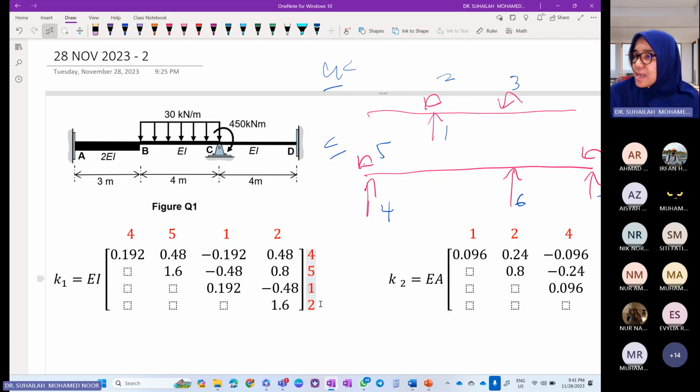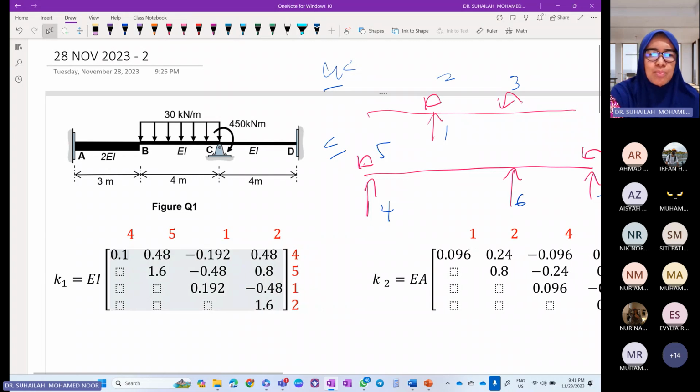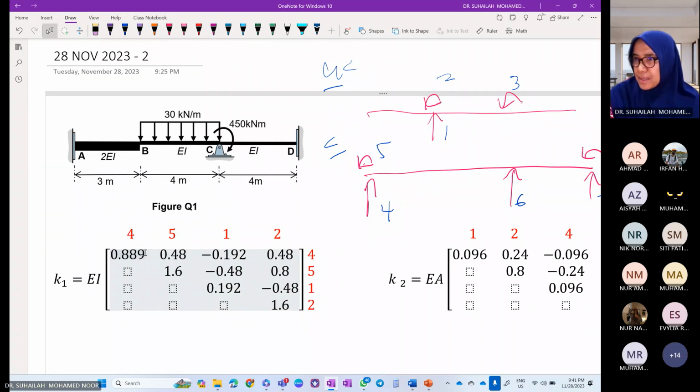And we will calculate the K value. The K value for the beam is 2 EI. The length is 3 meters, so in terms of EI, we get 0.889.